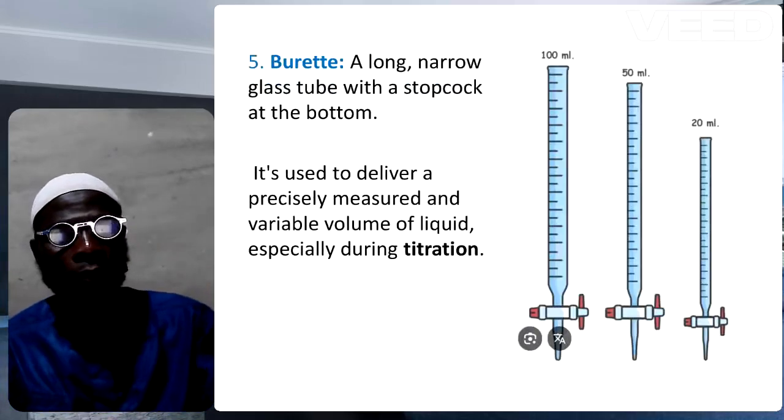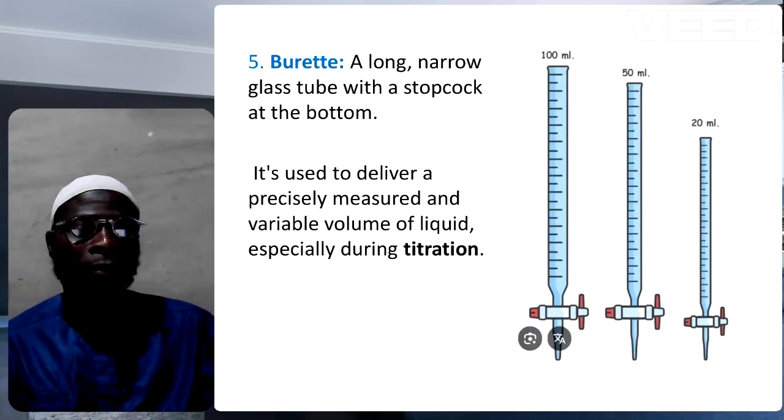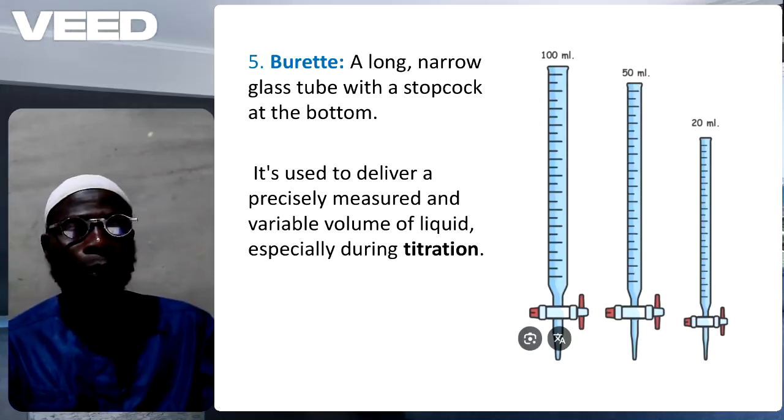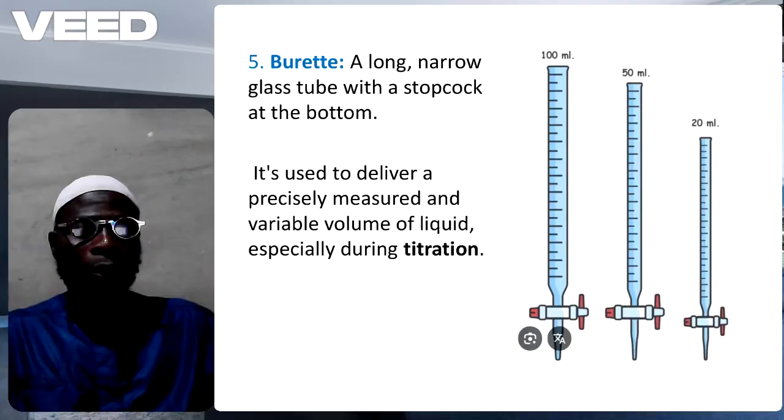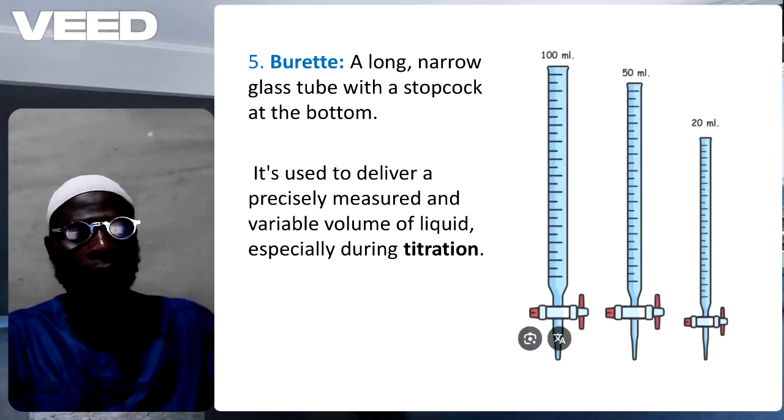The next one is a burette. A burette is a long, narrow glass tube with a stopcock at the bottom. It is a glass apparatus with a tap at the bottom, and we pour the chemical into it. The tap at the bottom is opened for the chemical to come out.